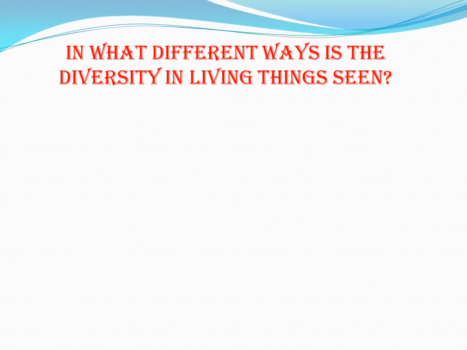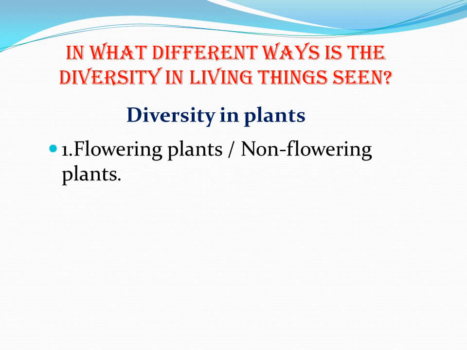The diversity in living things is seen due to their different shape, size, color and different structure of the body. A great variety of plants is found on the earth. Some are flowering plants, some are non-flowering plants.